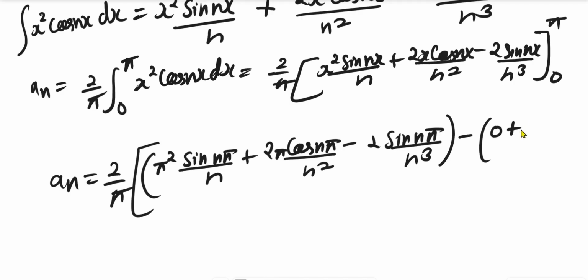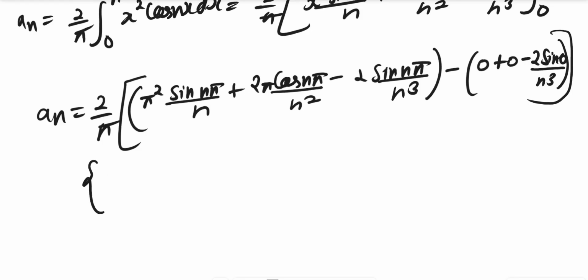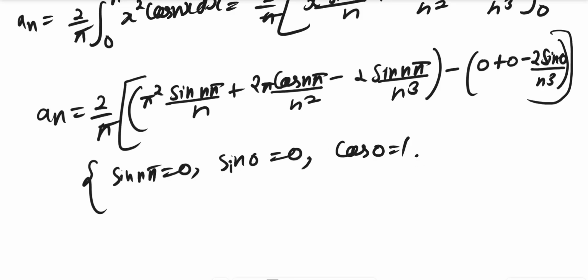It is 0 plus 0 minus 2 sin 0 divided by n cube, since here it is multiplied by 0, so this becomes 0. Now we should know sin n pi is equal to 0, sin 0 is also equal to 0, cos 0 is 1 and cos n pi is equal to minus 1 raised to the power n.